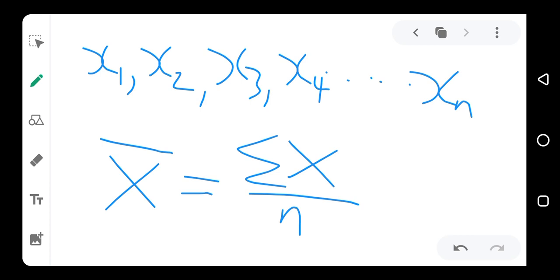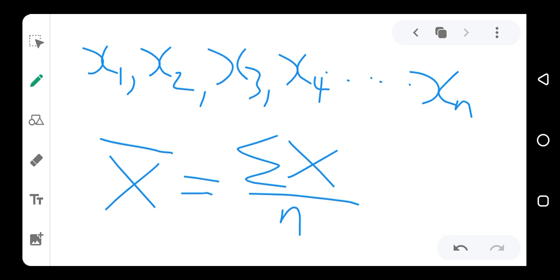Now, what this means is sigma x means the total of the values.